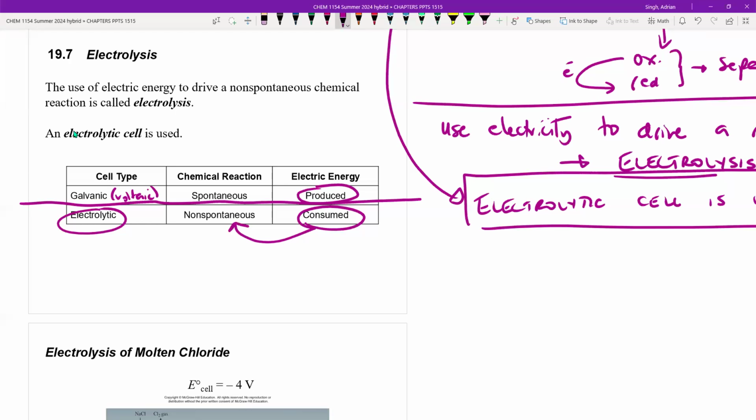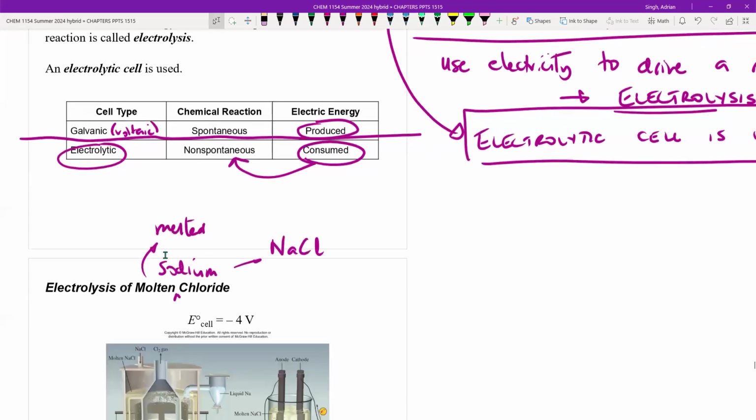So let's take a look, first of all, at the electrolysis of molten sodium chloride. Sodium chloride, regular table salt, in this molten form can undergo electrolysis. Sodium chloride, which is an ionic compound, can be electrolyzed to separate it into its constituent elements, which are going to be sodium and chlorine.